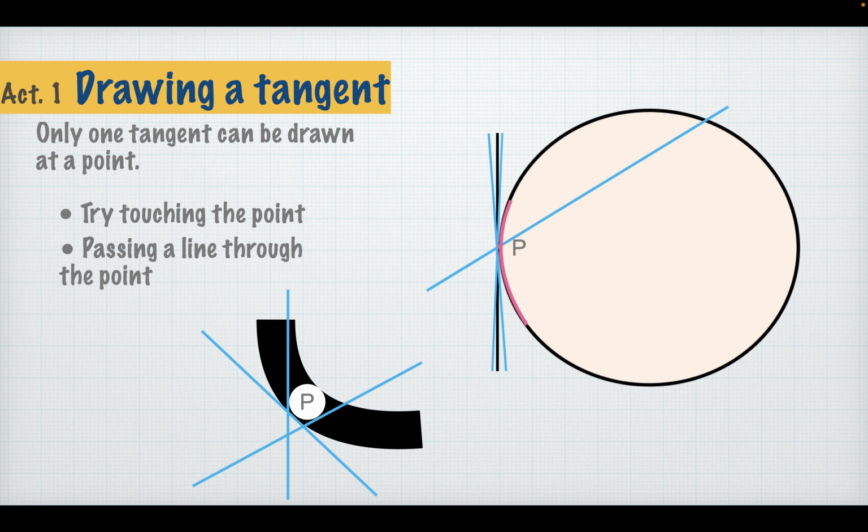So as long as they are touching point P, can I say that they are tangents? Well, if you look at these lines, except the line that I said was the tangent, they are going to touch the point P, but they are also going to go inside the circle, and certainly when they exit the circle, they are going to intersect the circle. So they are going to touch the circle at 2 points. That's not the definition of a tangent.